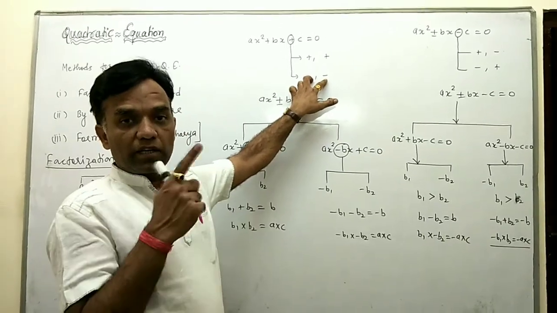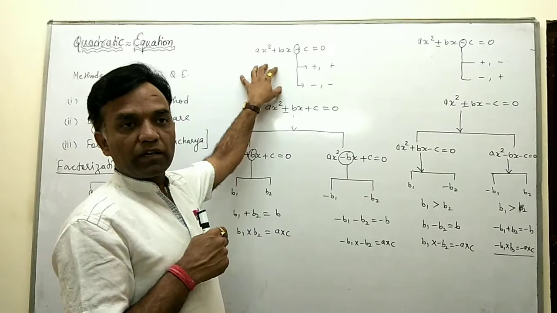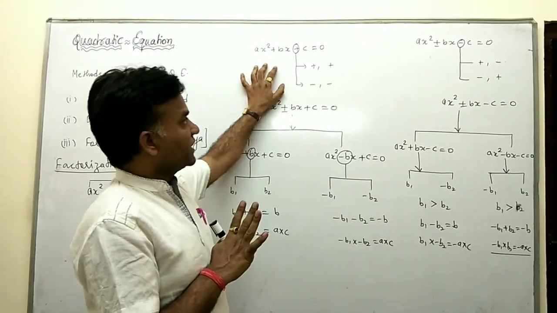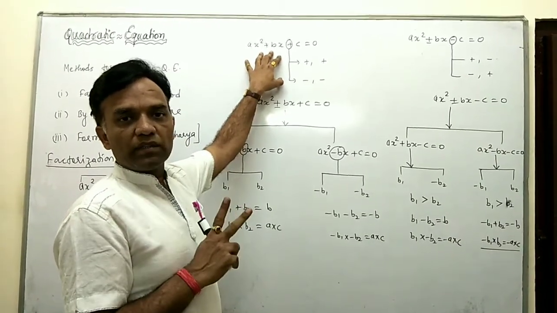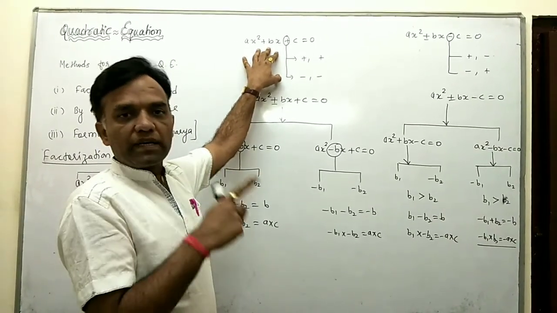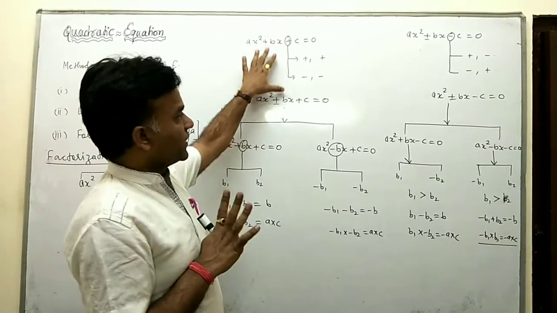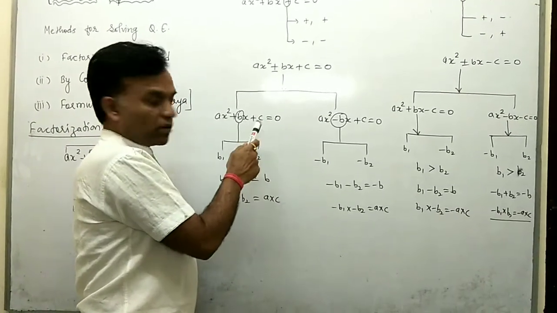First you split the middle term, like the concept of the factorization method. First you see the constant term. If the last term, the constant, is positive, then both the factors are positive or both are negative. Okay, so you put both conditions in your mind.